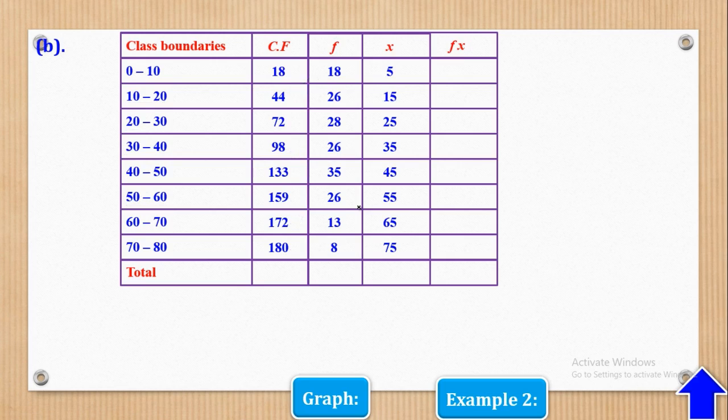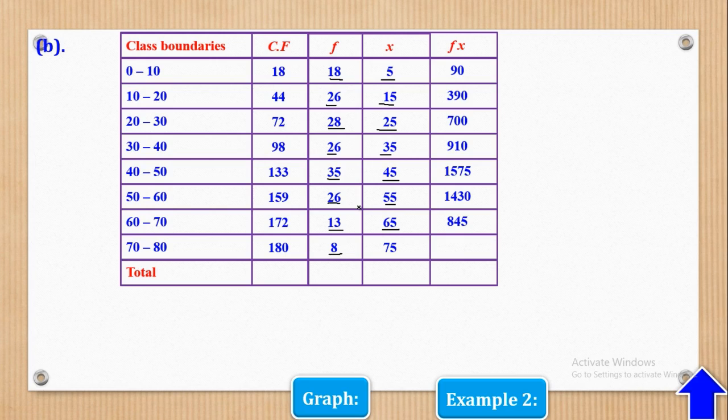So I'll come here and say 18 by 5, it will be 90. 26 by 15, it will be 390. 28 by 25, I'll come up with 700. 26 by 35, I'll come up with 910. 35 by 45, I'll come up with 1575. 26 by 55, I'll come up with 1430. 13 by 65, I'll come up with 845.